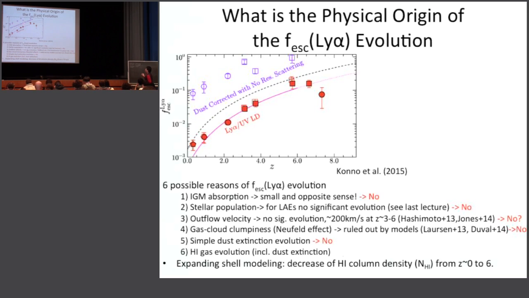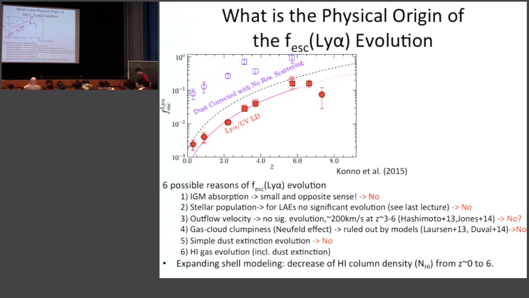And if you correct for the effect of dust extinction, assuming Q equals 1, or in other words, Lyman-alpha extinction is the same as the UV continuum extinction, you get this. This still has the trend of increasing escape fraction, so it doesn't explain the increase of the escape fraction.